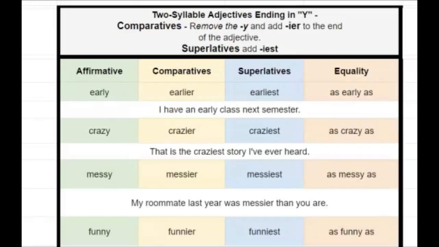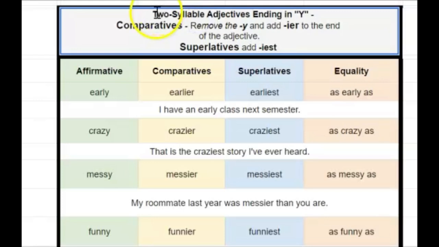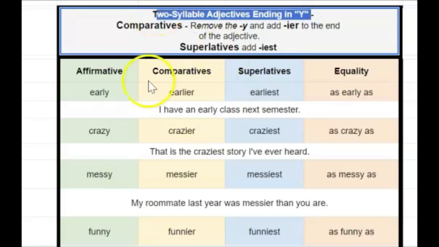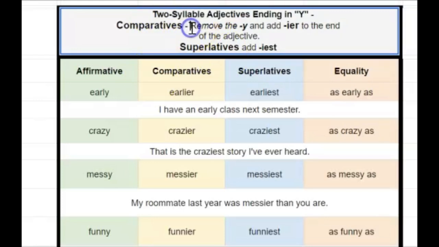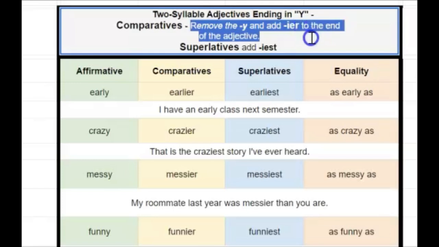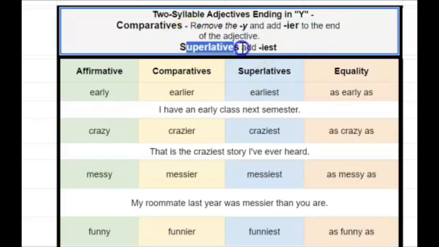In this next category of comparative and superlative adjectives, we have two-syllable adjectives ending in Y. The rule for a comparative is to remove the Y and add IER to the end of the adjective, and with superlatives, you will add IEST.